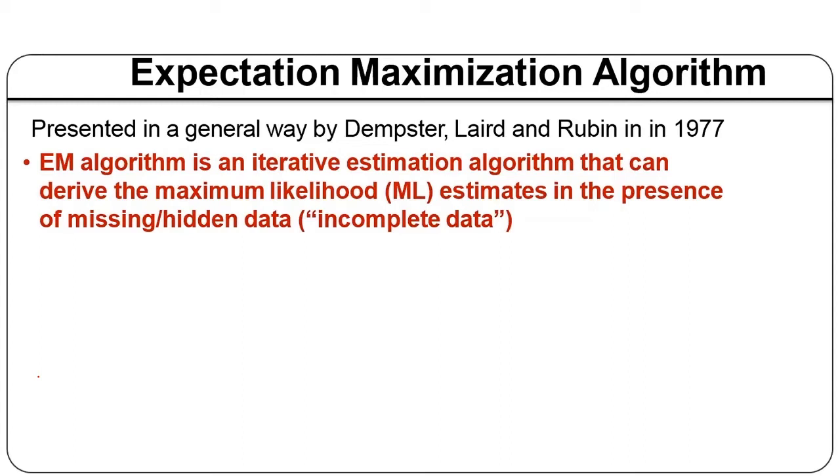When we talk about the expectation maximization algorithm, it is an iterative estimation algorithm where we will be repeating so many steps, right? That will be used to derive the maximum likelihood estimates in the presence of missing or hidden data. That could be incomplete data that we will be calling a latent variable.